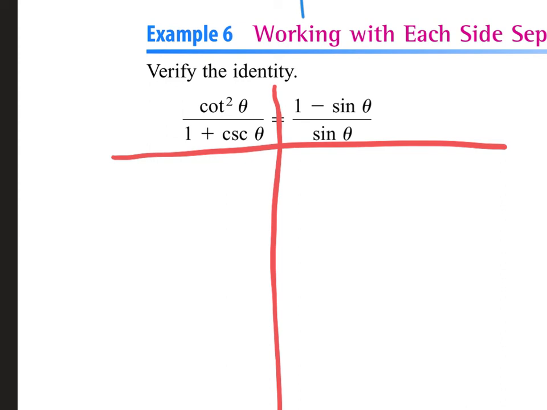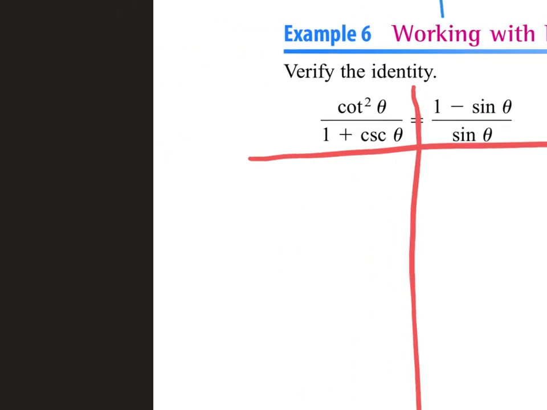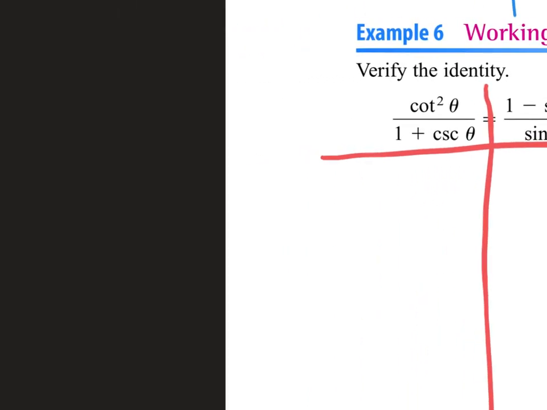We can change cotangent to be a cosecant using our trig identities. So our identity is 1 plus cotangent squared is equal to cosecant squared. So then we can subtract the 1 over.